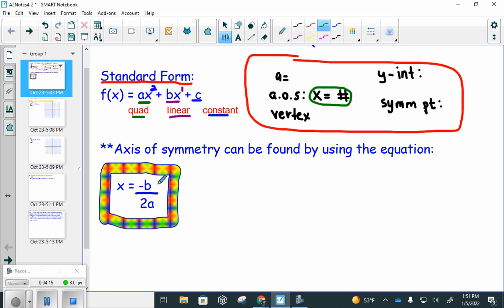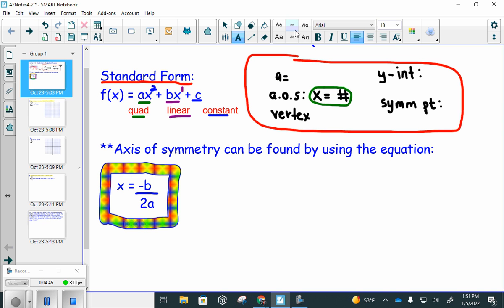So when I ask you for AOS, you're going to find it by doing x equals the opposite of your B. So whatever this is in front of your x, you're going to do the opposite. You're going to divide whatever that number is by 2 times the A value, which is the coefficient of the quadratic term. Once you simplify that fraction, then you're going to know the AOS, again, which is the middle of the parabola.